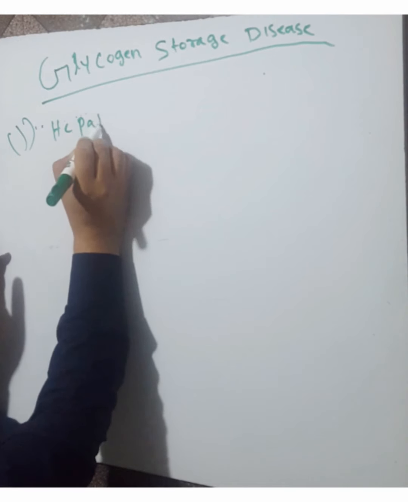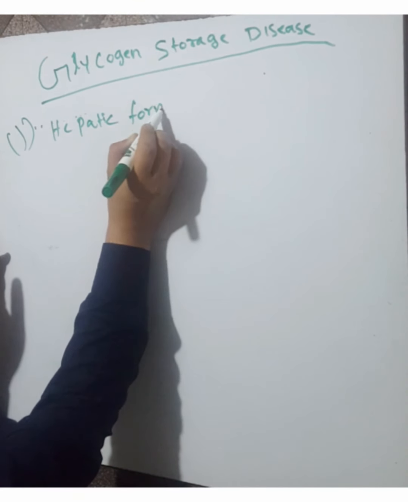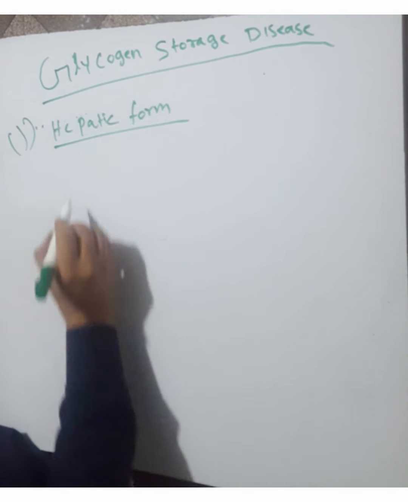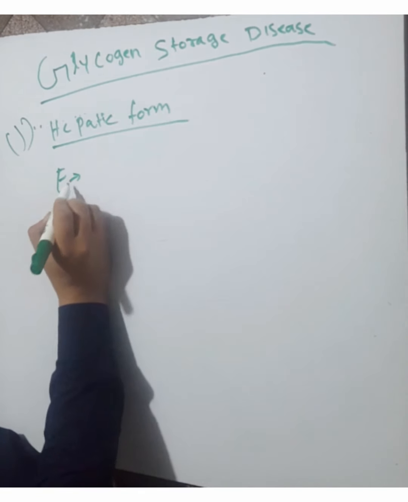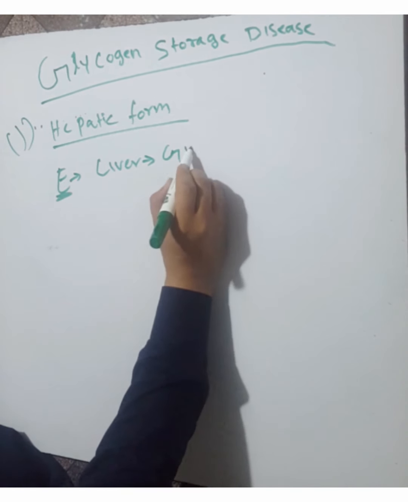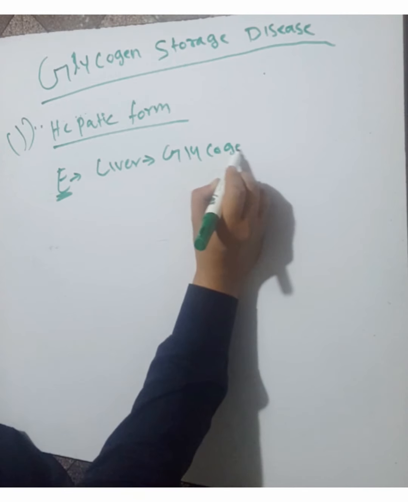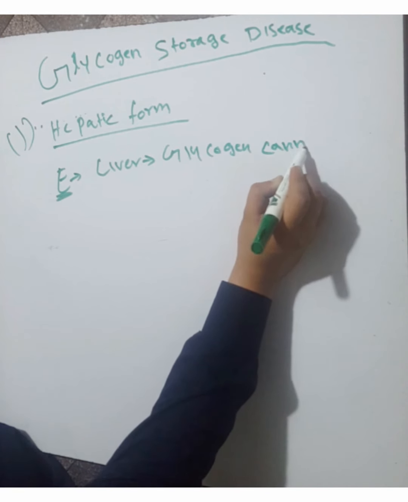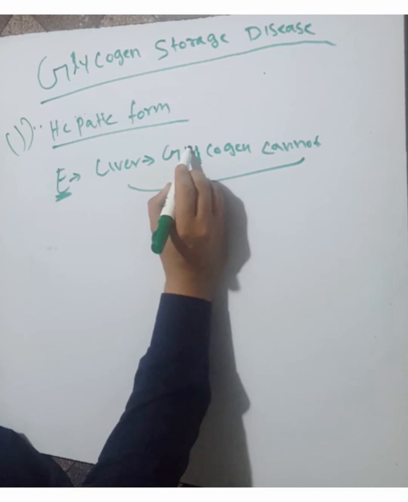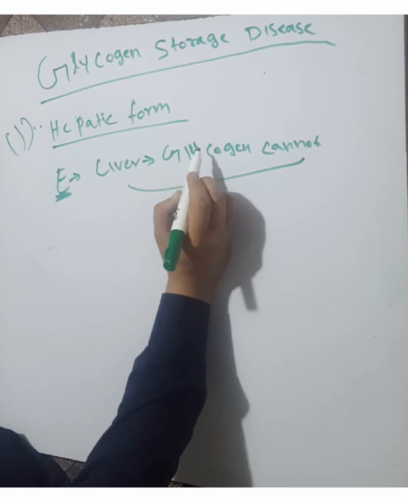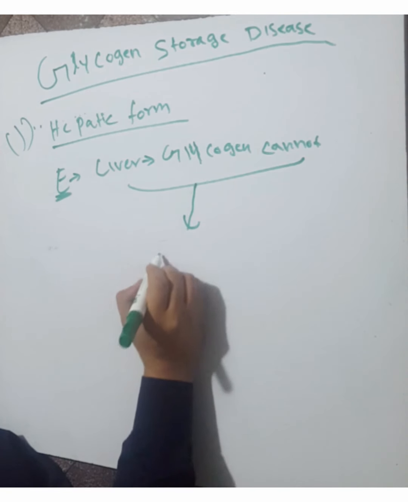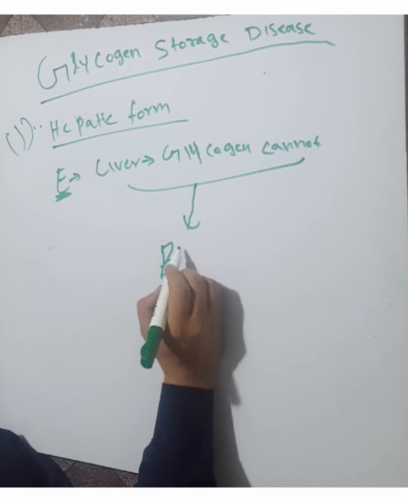In the hepatic form, there is a deficiency of the enzyme in the liver, and glycogen cannot be synthesized. Due to the unavailability of glycogen in the liver, the blood level of glucose lowers.